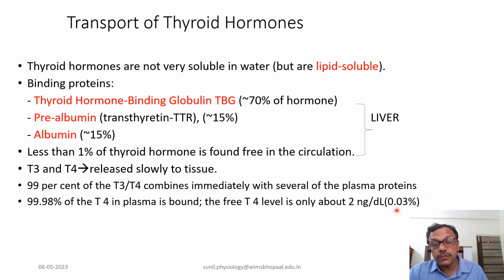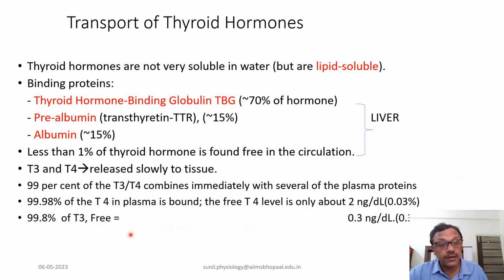This 0.03%, or 2 nanograms per deciliter, is the free amount, and it will produce the physiological effect, while the bound form of the hormone will never produce any physiological effect. Similarly, T3 is 99.8% combined with the proteins listed above, and the free T3 available is only 0.3 nanograms. So only this 0.3 nanogram will be responsible for producing the physiological effect.